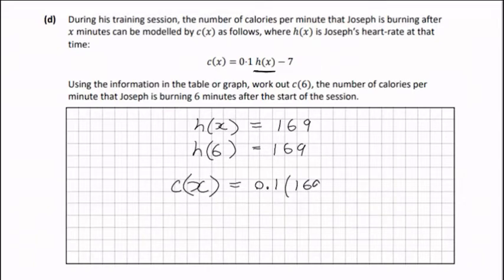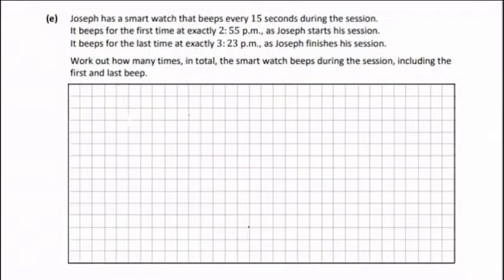So you just need to recognize the h of x is from the previous part. So we put in the 169, replace the h of x, subtract your 7, and then you'll get 9.9 calories. That's part D.